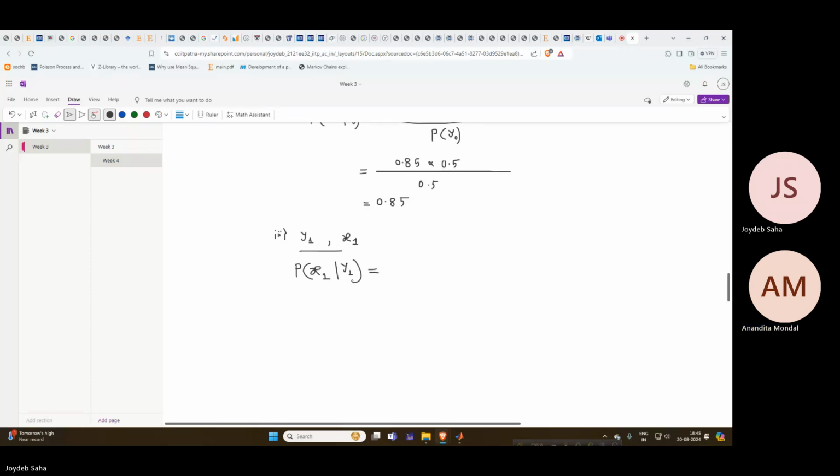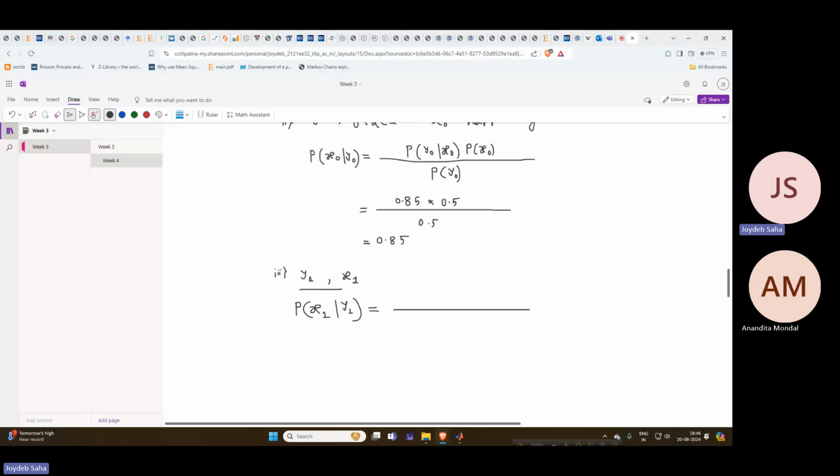0.15. Let us solve this. That what is the answer? Probability of x1 upon y1.